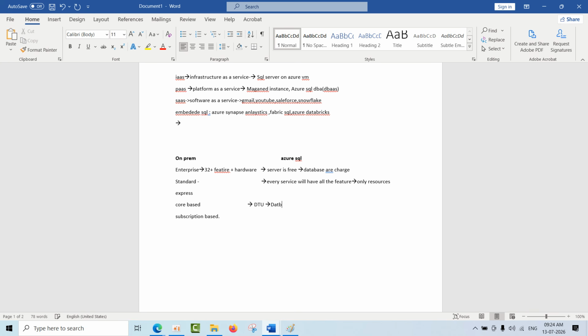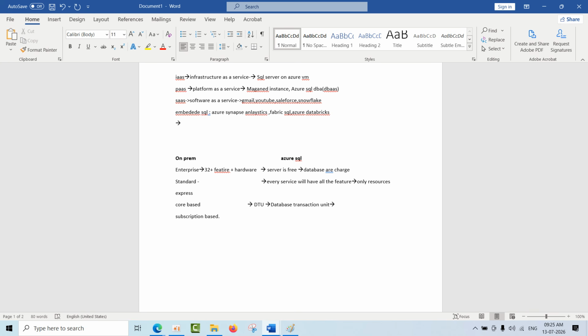Database Transaction Unit. Okay, for example, I cannot purchase a vCore based license. Why? Because it is standard, and it costs more than like 25,000 or $2,000, something like that. So for those users, they combined one logic, one different algorithm.